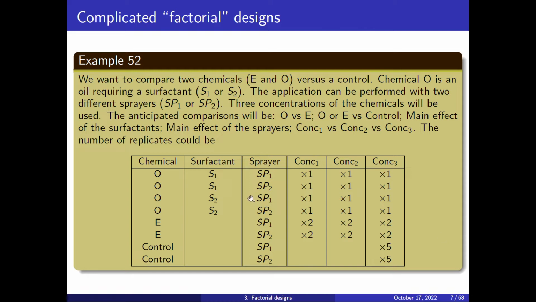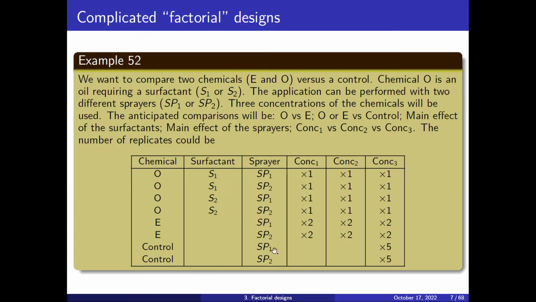So for instance, we will have the 3 chemicals, and chemical O has a surfactant, so we will make the combination of chemical O with surfactant 1 or surfactant 2. We also have different sprayers, so we have this one with sprayer 1, this one with sprayer 2, this one with sprayer 1 again, this one with sprayer 2, the same for E and the same for the control.